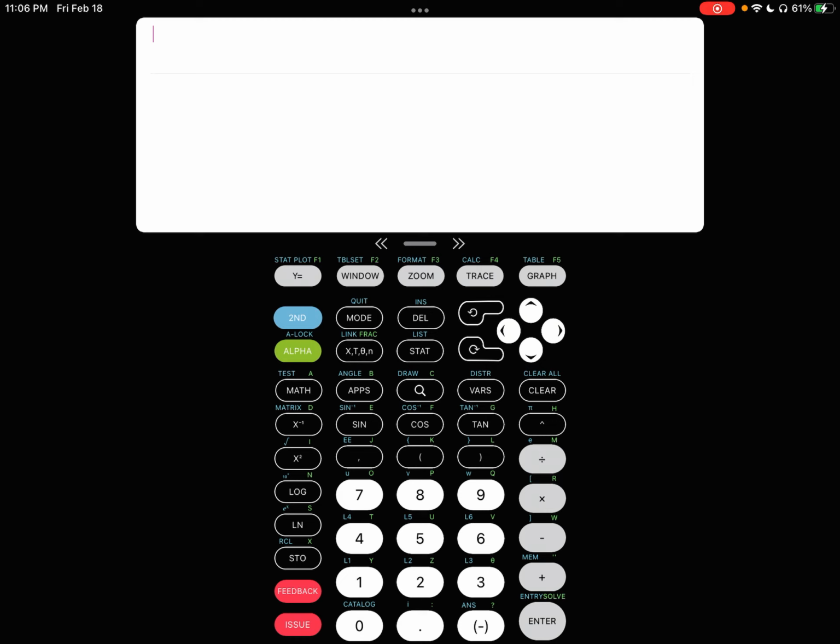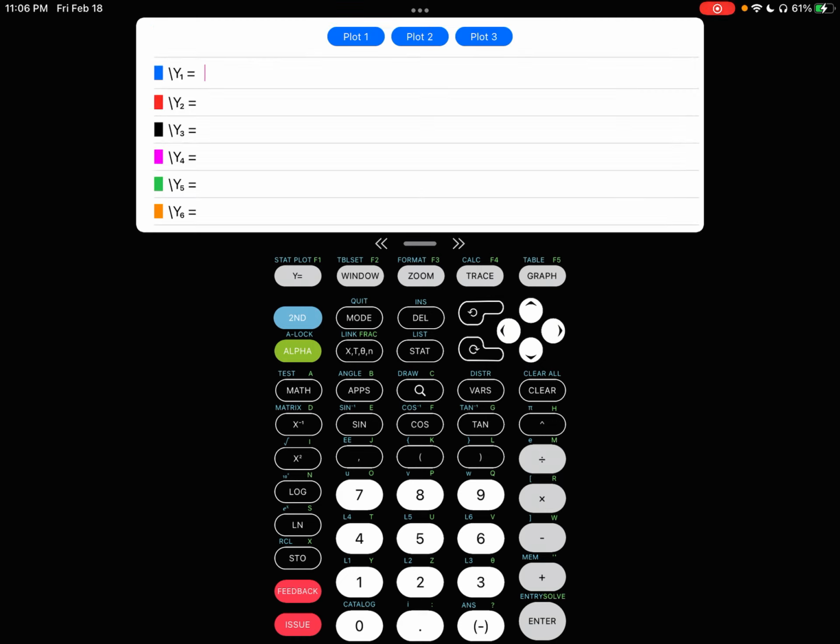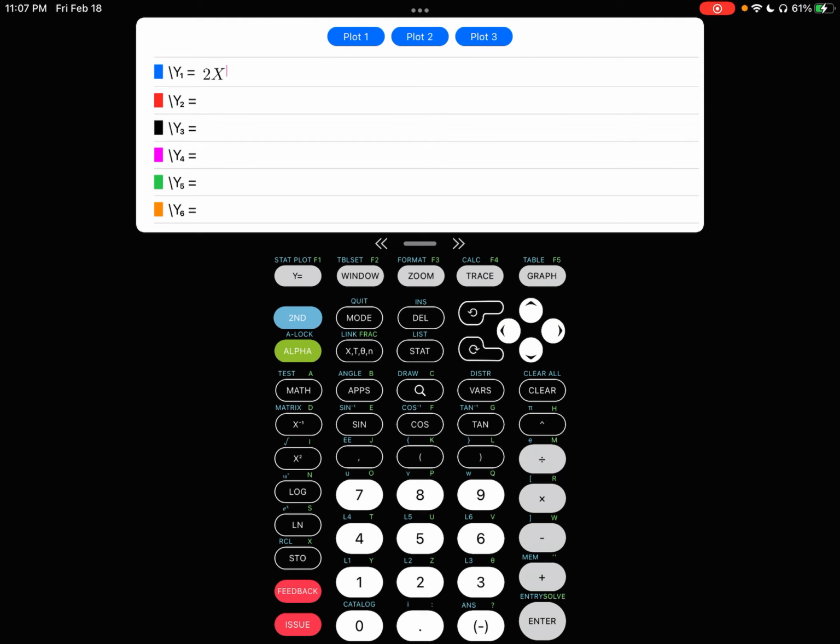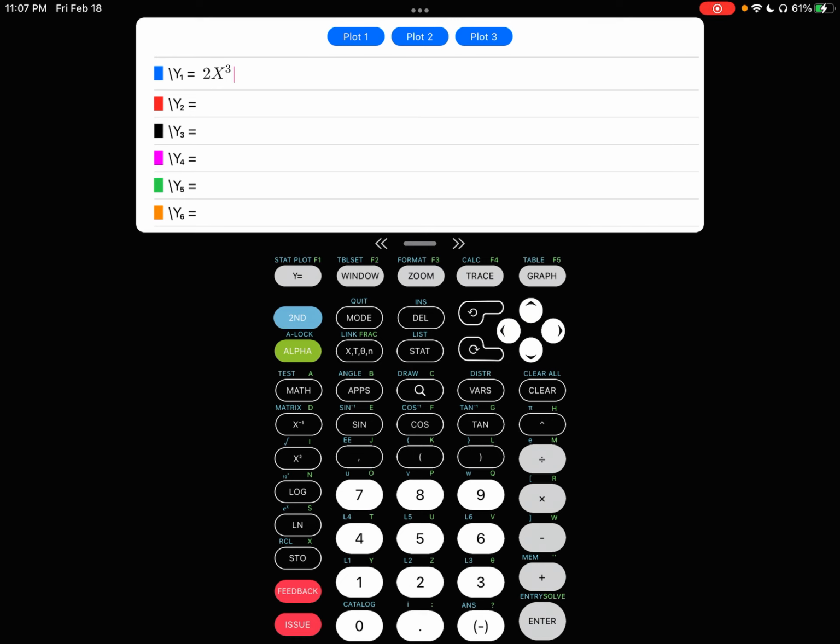First thing we want to do is hit the Y equals button. And here's where we're going to type in our function, 2. Let's say the X button is over here where it says X, T, theta, that kind of thing. That's the X button. So 2x to the third, hit the caret and the 3. Remember to press the right arrow to get back to the base level, minus x.